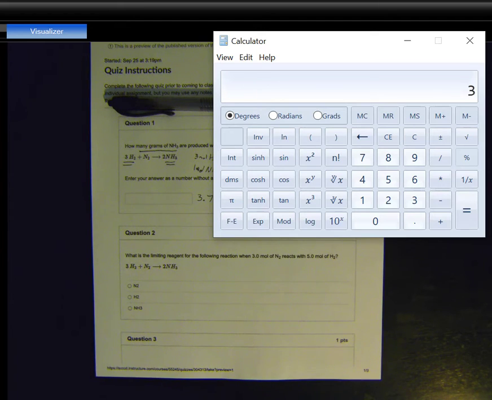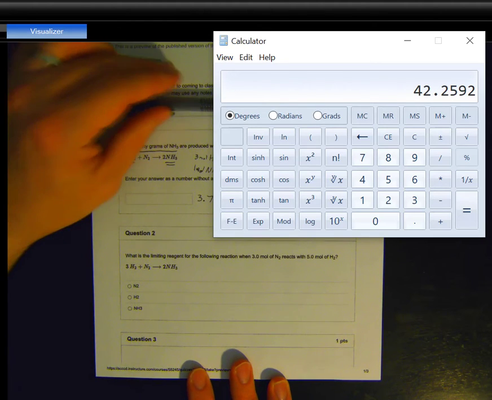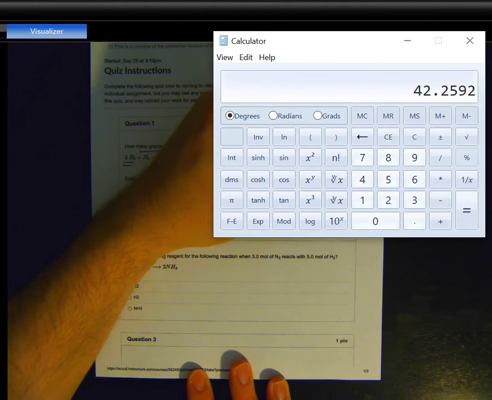So we said 3.72 times 2 times 17.04. So we multiplied everything on top, and then we divide by the bottom, so divide by 3, and so that is our answer. So I'm going to write that here. So that's 42.26 grams.